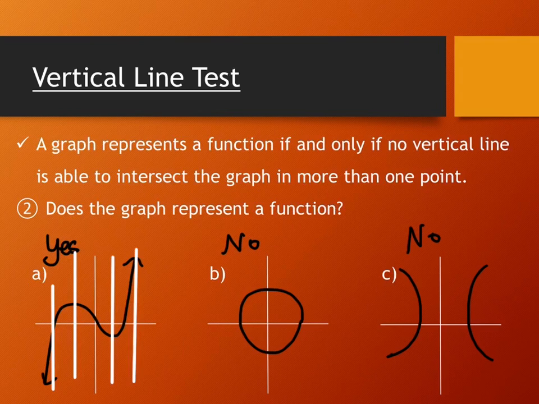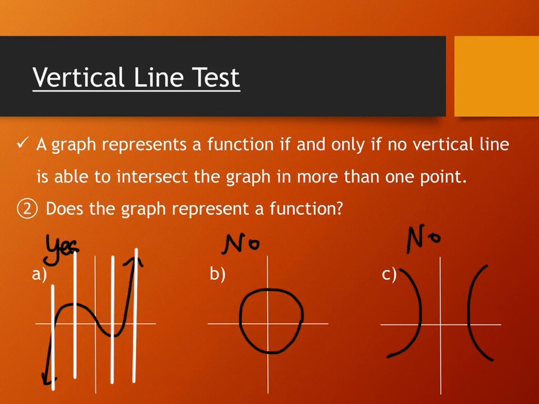Every time I draw a vertical line on the first graph, it will cross the graph exactly once, right? That is what it means to be a function from the vertical line test, that when I draw my vertical lines, they don't cross the graph more than once.